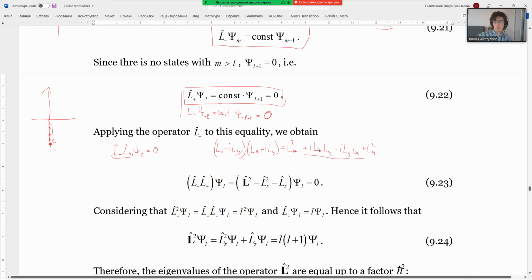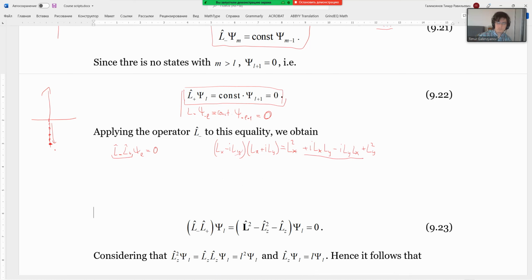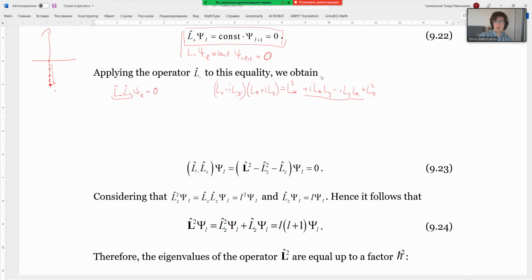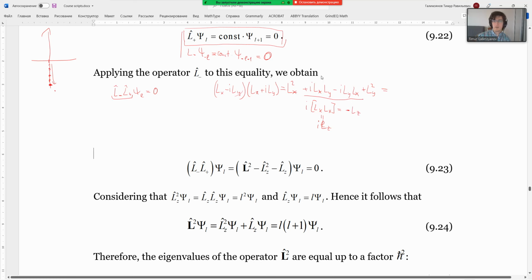Let's look at this. What is written here is i times the commutator of Lx and Ly. But we know that the commutator of Lx and Ly is i Lz. Which means here we have minus Lz, because i squared equals minus 1. So what we have here is Lx squared plus Ly squared minus Lz.